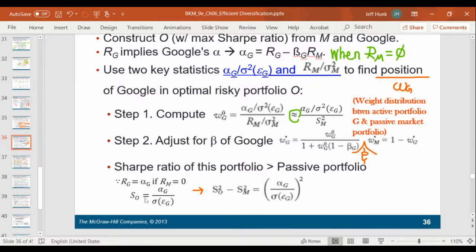The Sharpe ratio of the optimal portfolio can be expressed as exactly the information ratio of Google. Why? Think about it. If excess return is 0, what does that make this? Right? You get it?